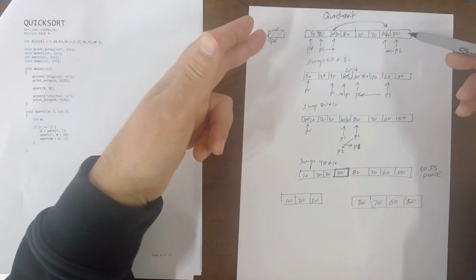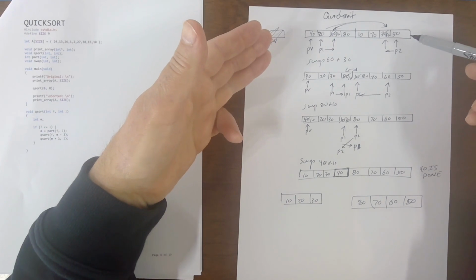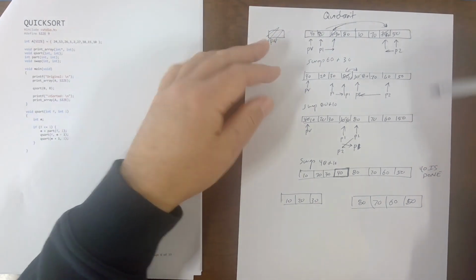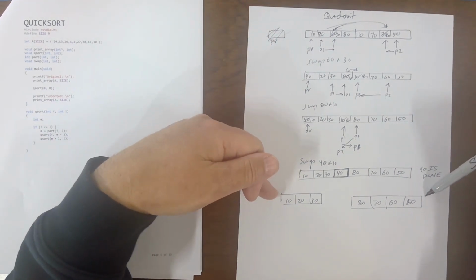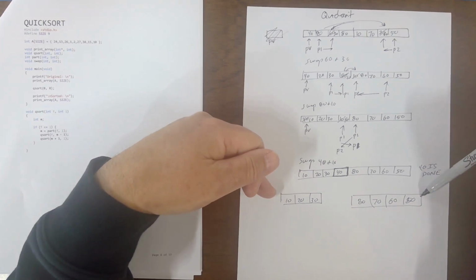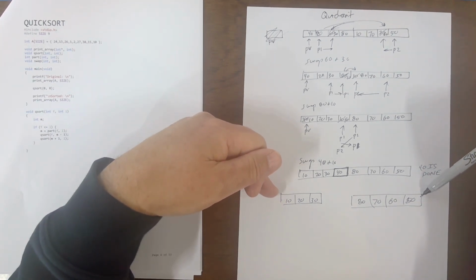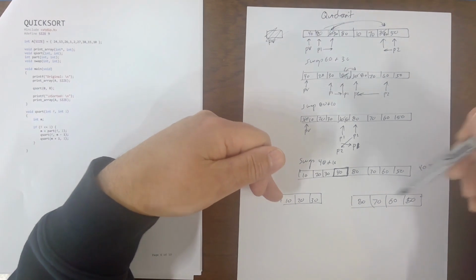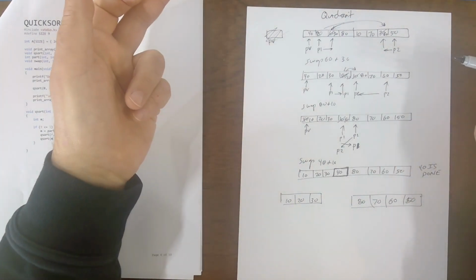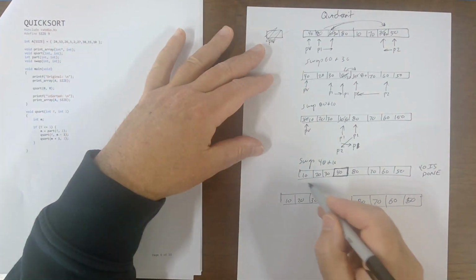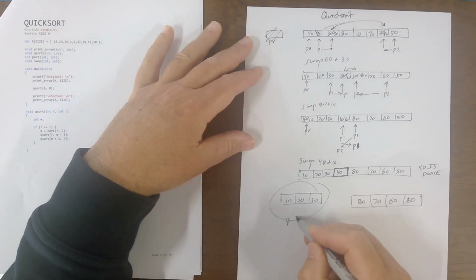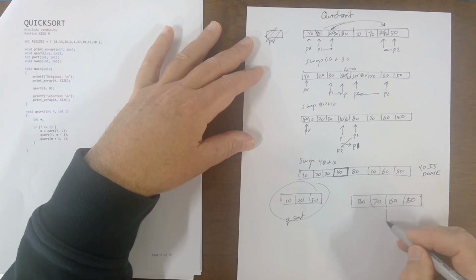This was called a partition, but this divides a large array into two smaller subarrays, and then these subarrays still need to be sorted. How would you like to sort these subarrays? Well, let's just do quicksort, right? So we would continue with quicksort on this subarray, and we would continue with quicksort on this subarray.